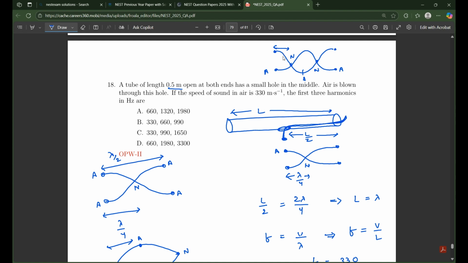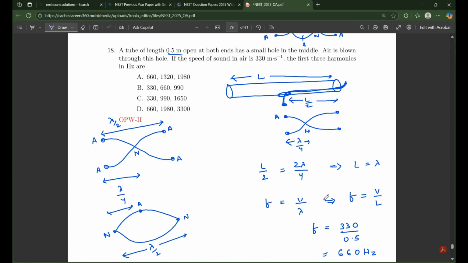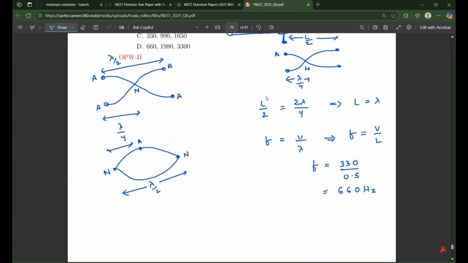Or I can write this as: this complete part is lambda by 2, and this complete part is lambda by 2, giving us the total wavelength as lambda. So by this we get the new length relation. The length of the tube remains the same, but the wavelength has changed, it is lambda.